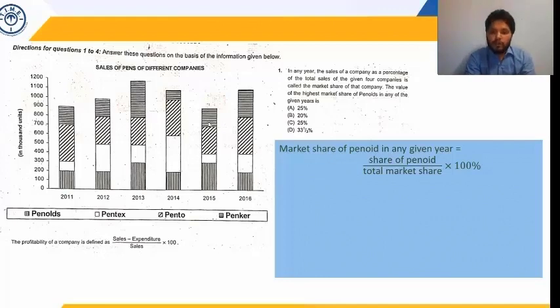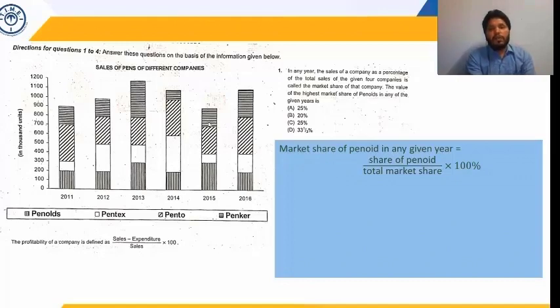Because if numerator is very large, then obviously fraction will increase, and if denominator is decreased, then fraction will again increase.